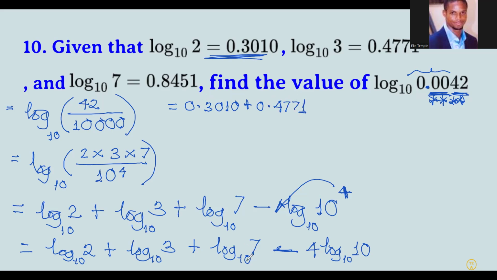More. Plus log base 10 of 7. Log base 10 of 7 plus 0.8451. And finally, minus 4. And you know why? Same base, same number. Gives you 1. So 1 multiplied by 4 is 4.